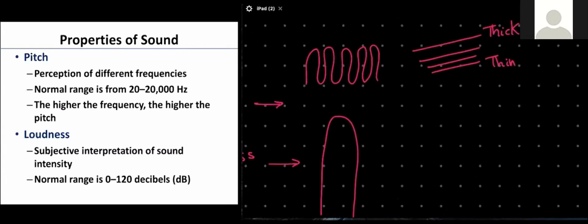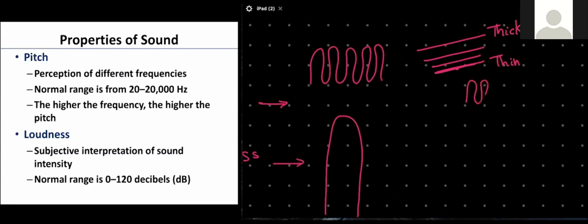So as I vibrate those thin chords, they will have faster oscillation. They are going to be able to vibrate faster compared to the thick ones. They are much slower. And that's why you have the different pitch of the sound emitted from those different chords.